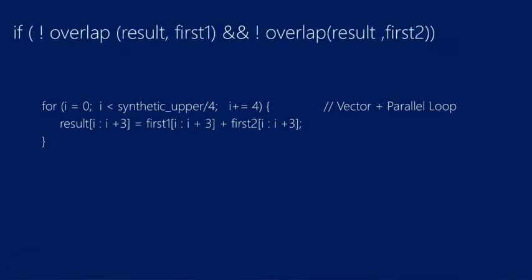So what the compiler will do is it'll actually generate code that gets executed at runtime, which will test whether or not there's overlap between the store and any load. So we'll test at runtime, and we exploit the fact that everything's superscalar and bury a lot of the latency to see whether or not basically the beginning of result points inside first 1 or first 2.